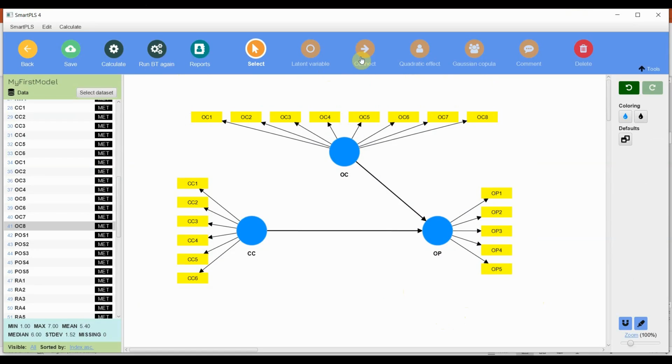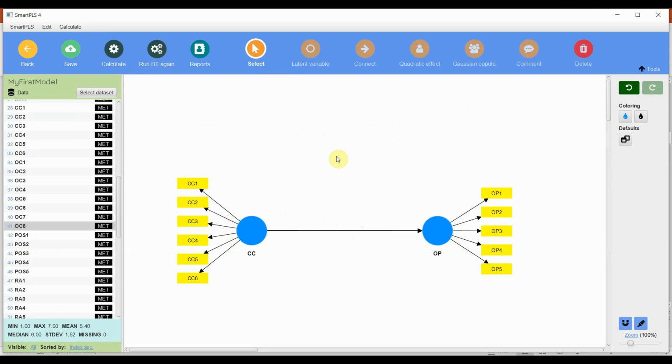In order to make organizational commitment a mediator, I need to link it with my exogenous collaborative culture variable. Now look at this, the paths are complete. This is your direct effect and this is your indirect effect. If this variable here, OC, would not have been here, we would have called CC to OP the total effect without the presence of your mediator.